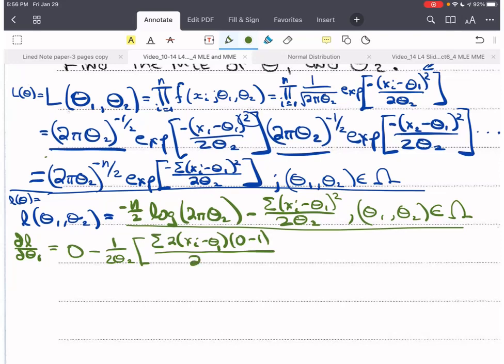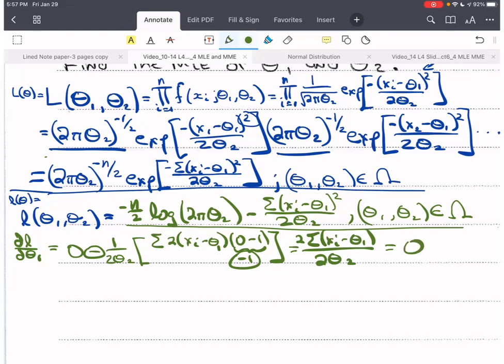And then we have the 2 theta 2 out there. Okay, so I've got a negative, and this is going to be a negative 1. So I've got a negative, negative, it's a positive. So this is sum of 2 times xi minus theta 1 over 2 theta 2. And I'm going to set this equal to 0. And remember, we're solving for theta 1. Right?